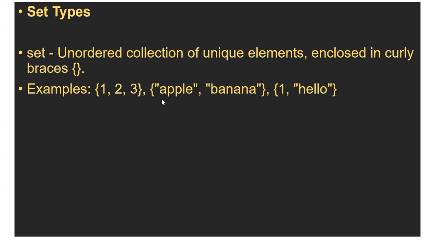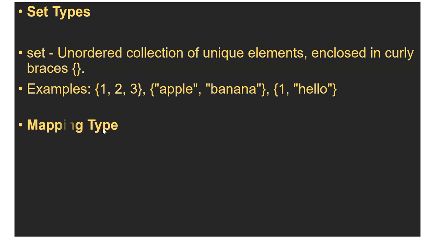So the order in a set is not guaranteed. That's why we are saying an unordered collection of unique elements enclosed in curly braces. Remember, if it is enclosed in square brackets, that is a list. If it is enclosed in parentheses, that's a tuple. But if it is enclosed in curly braces, that's a set, and a set is unordered. That means the order is not maintained. Good.